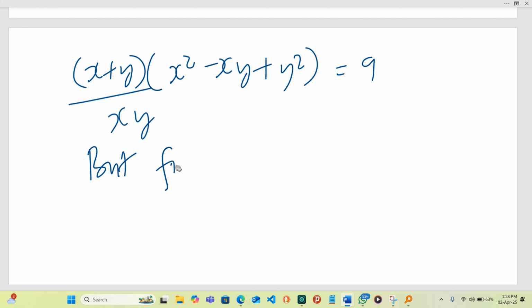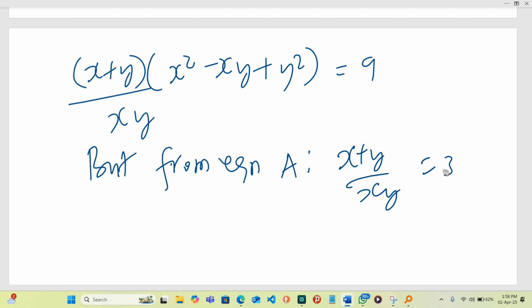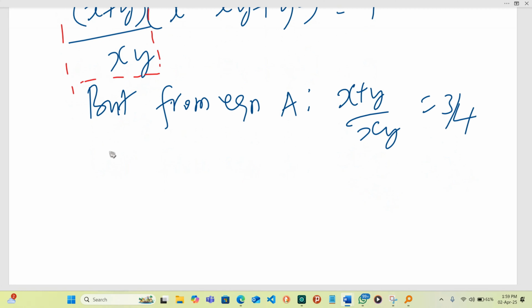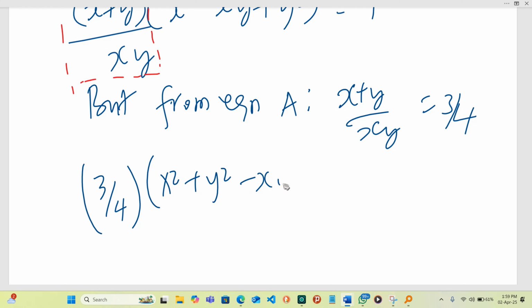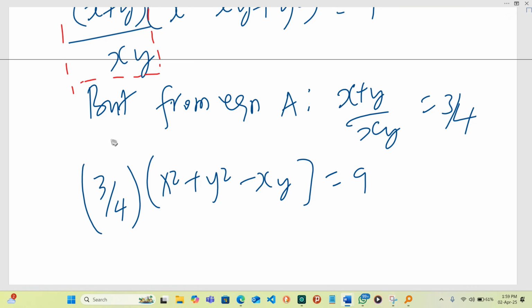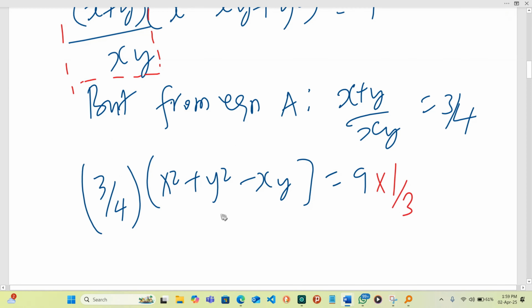But from equation A, we know that (x plus y) over xy is equal to 3 over 4. So we just replace this expression with 3 over 4. Meaning 3 over 4 times (x squared plus y squared minus xy) is equal to 9. We can divide by 3 both sides, or multiply by a third both sides, so this and that will go.